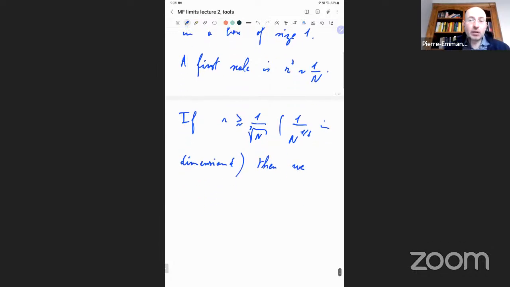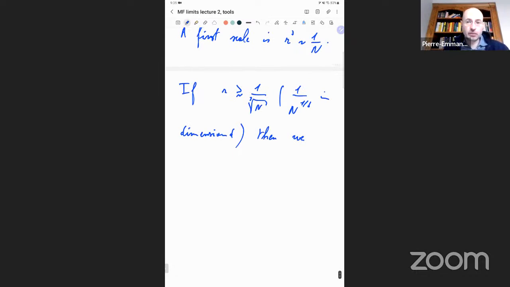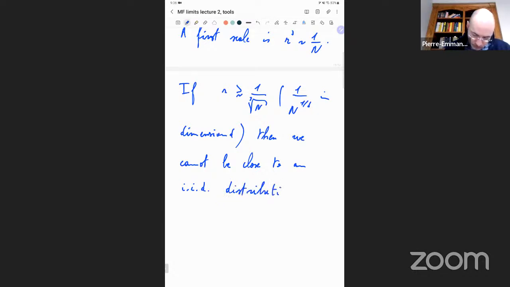Then we cannot be close to an IID distribution. All right. So that is the first constraint, right, on the actual radius.